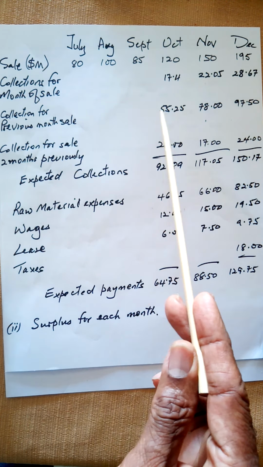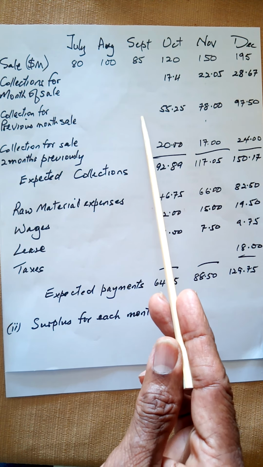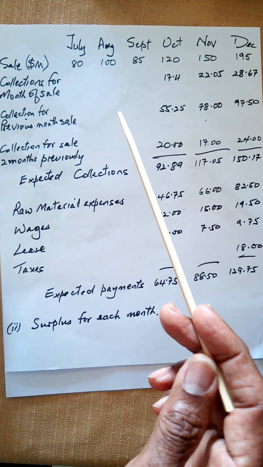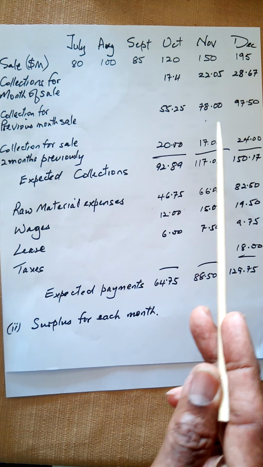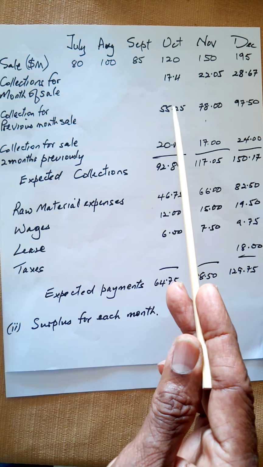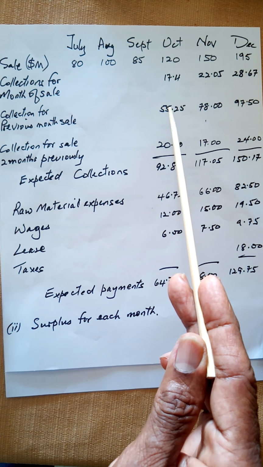Collections from the previous month, September sales. According to the question, the company would expect to collect 65% of any month's sales in the next month. So in October, we'll collect 65% of September's sales.